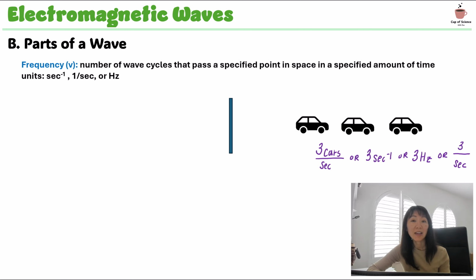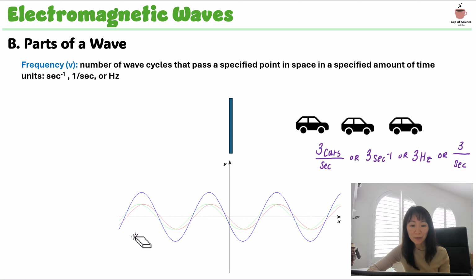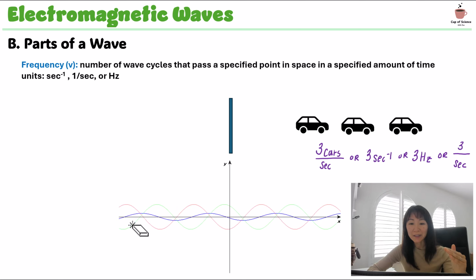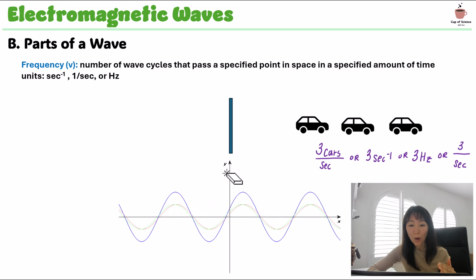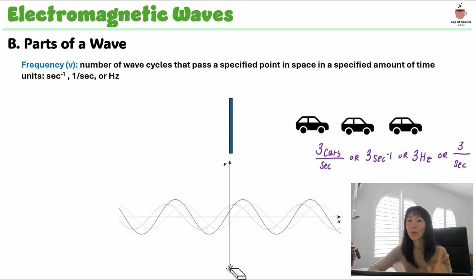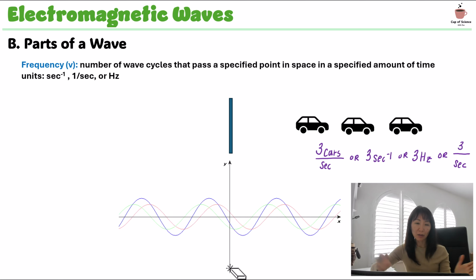Let's look at it from the perspective of waves. Here I have waves. A little hard to see, but we're going to focus on the red one. How many waves will pass through this y-axis in 1 second? What is actually one cycle of a wave?